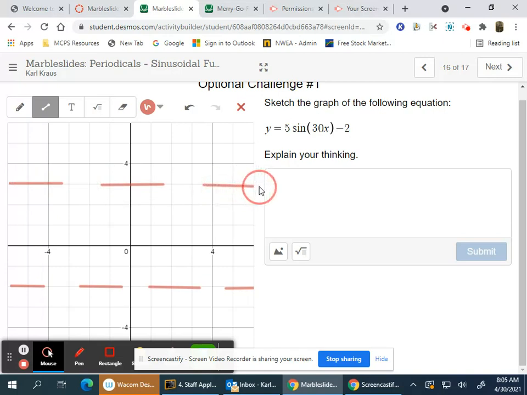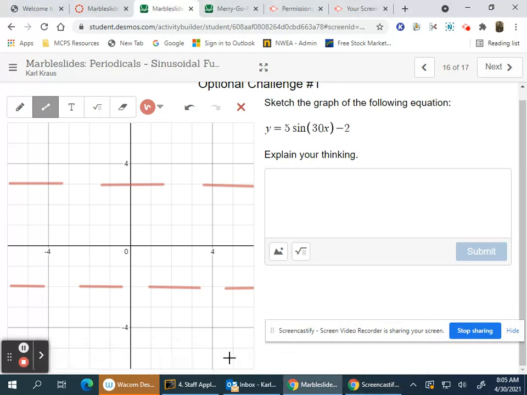And it doesn't look like this gave me enough space. Let me move this here. And then down 5 from -2 is -7. 4, 5, 6, 7. I kind of ran out of room there.